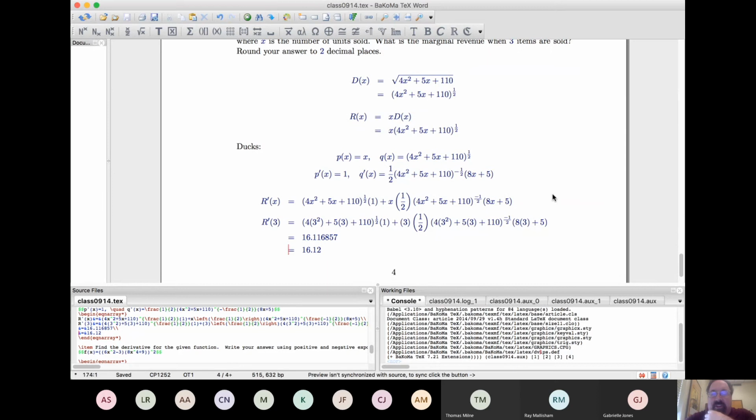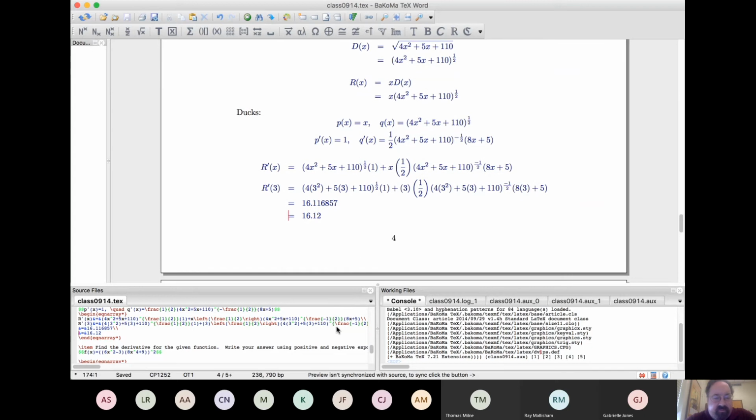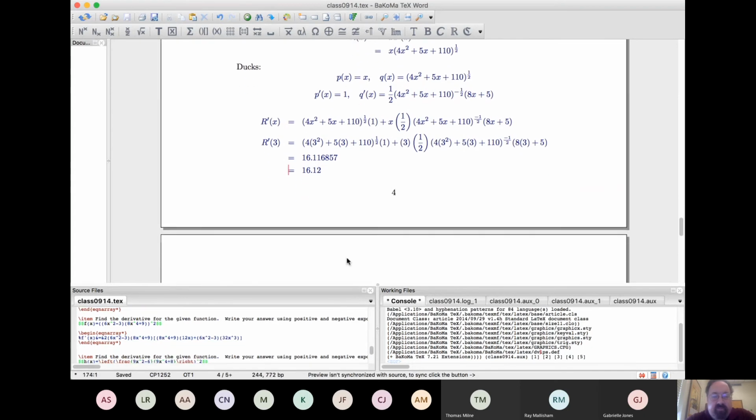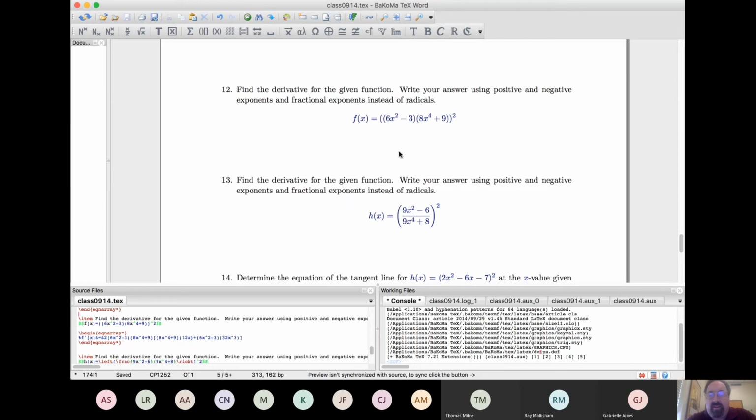So we've seen a few problems like these where you're actually using the product rule, but along in the process of carrying that out, the general power rule is needed. Okay.